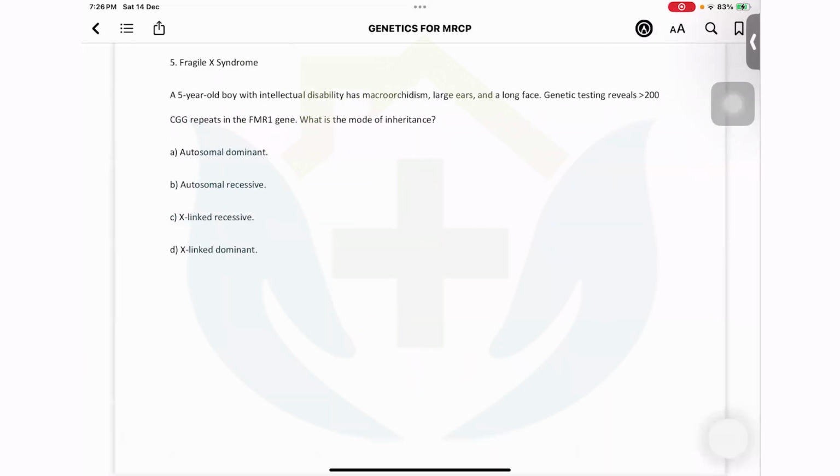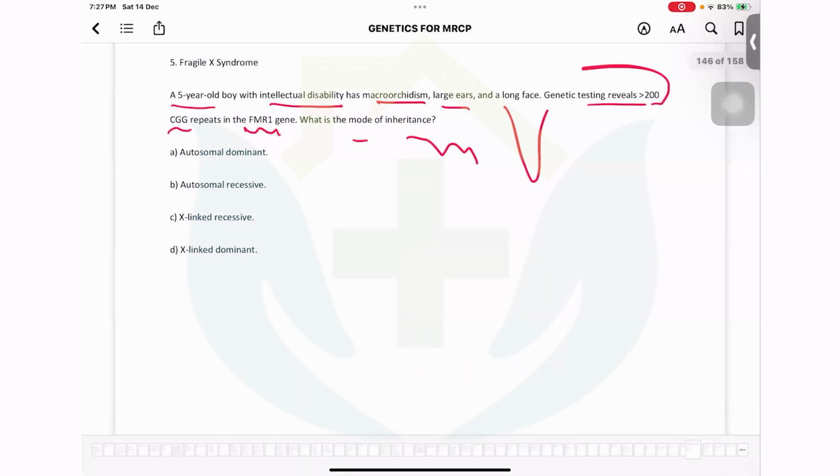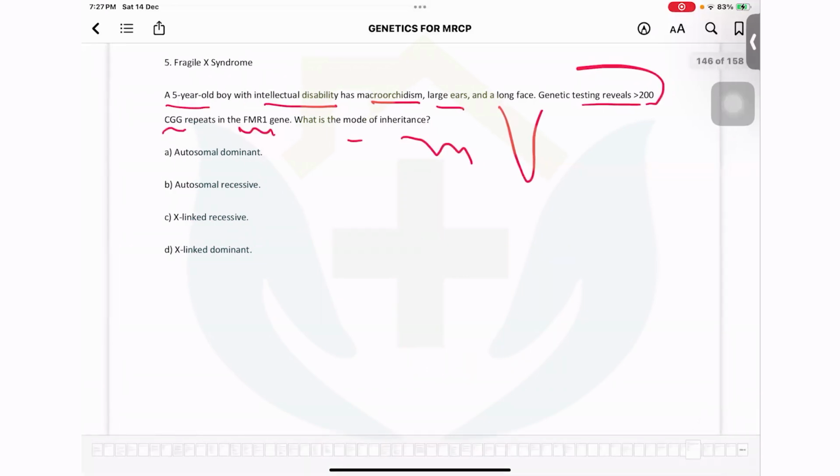Fragile X. 5-year-old boy, intellectual disability, macroorchidism, large ears, long face. Genetic testing reveals more than 200 CGG repeats in FMR1 gene. What is the mode of inheritance? Recessive, sir. Autosomal recessive. No, sir. X-linked recessive.